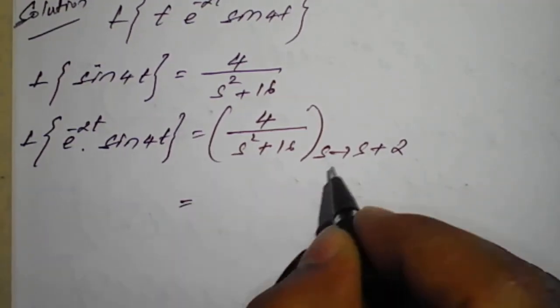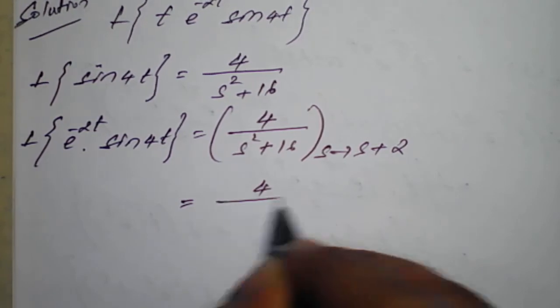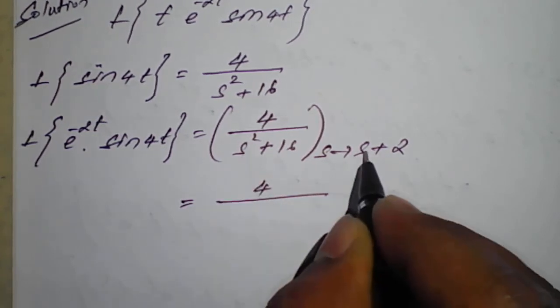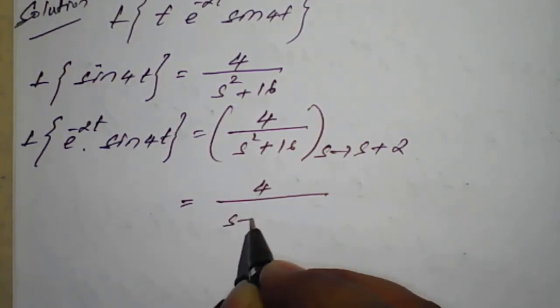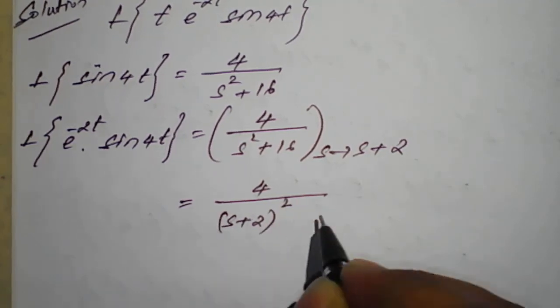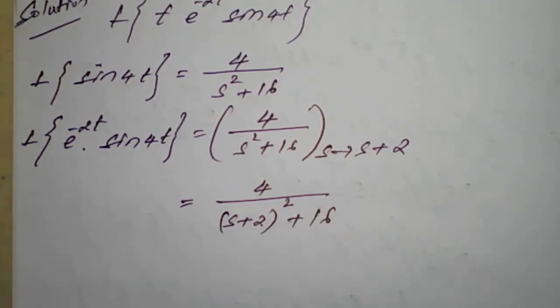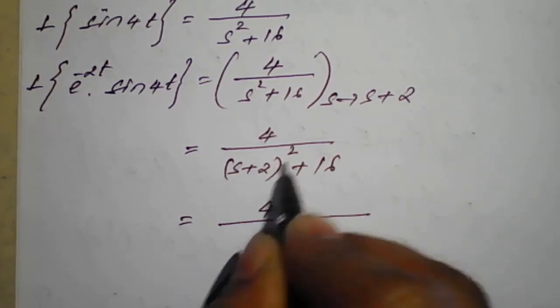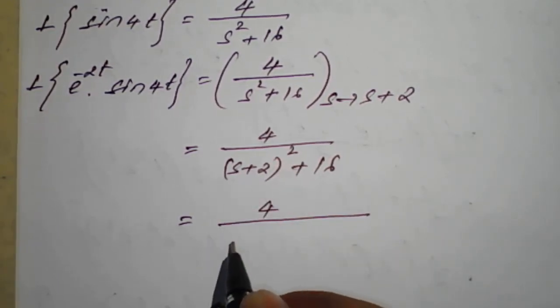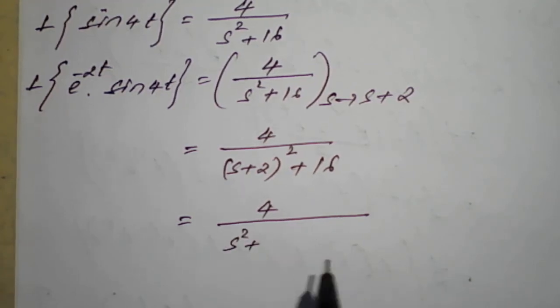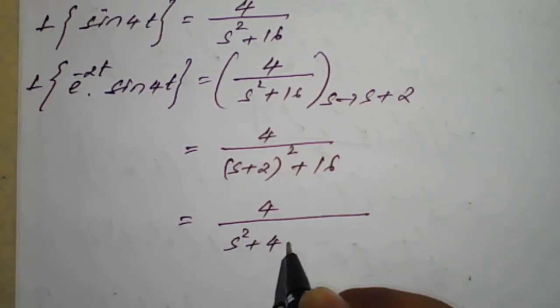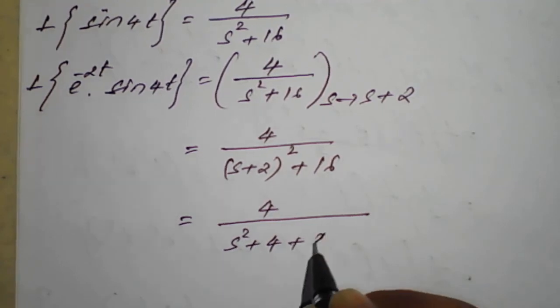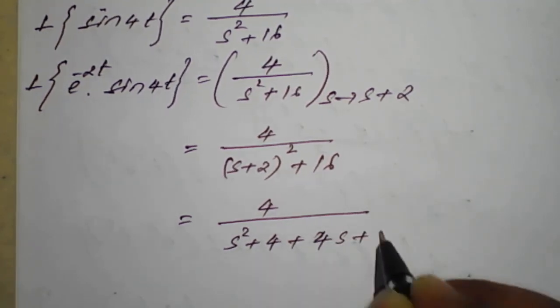So 4 divided by s replaced by s plus 2 will become s plus 2 whole square plus 16. Simplify using the a plus b whole square formula: s square plus 2 square is 4, plus 2 2s are 4s, plus 16.